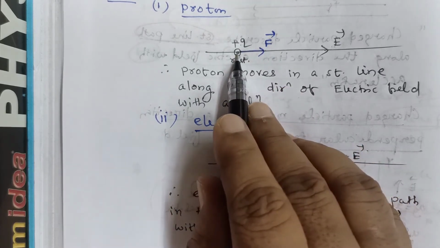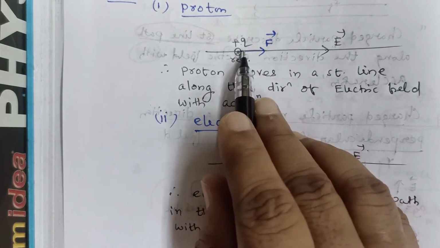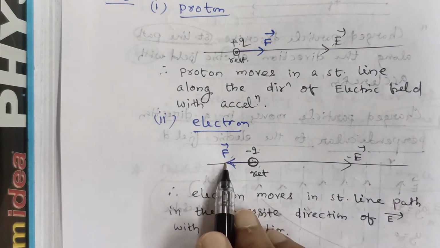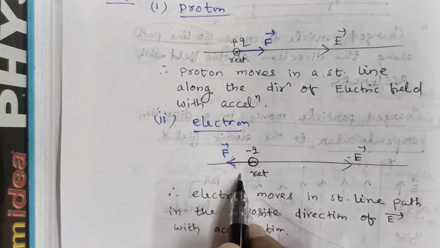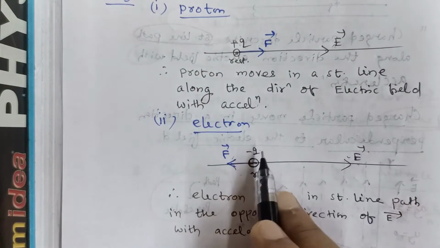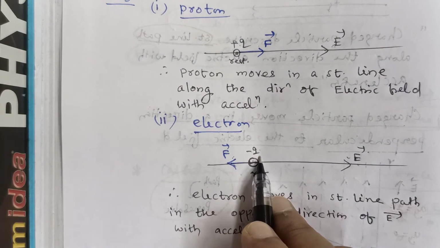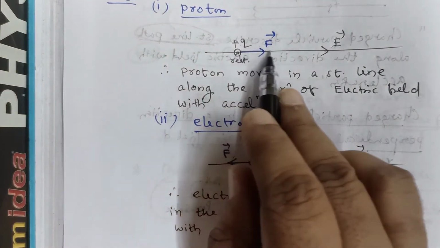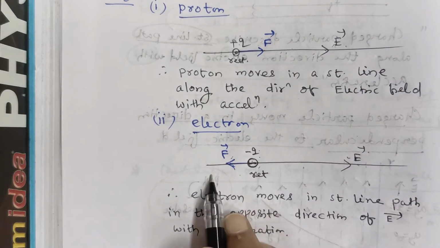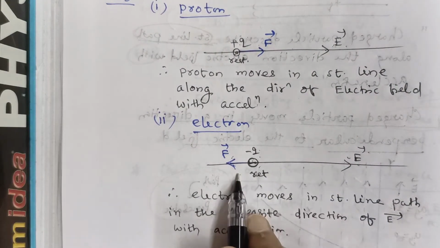In the positive charge case, the force will be directed along the direction of the electric field. Here the force will act opposite to the direction of the electric field. For both cases force is acting, that means both proton and electron will be accelerated. But the proton is accelerated along the direction of the electric field, the electron is accelerated opposite to the direction of the electric field.